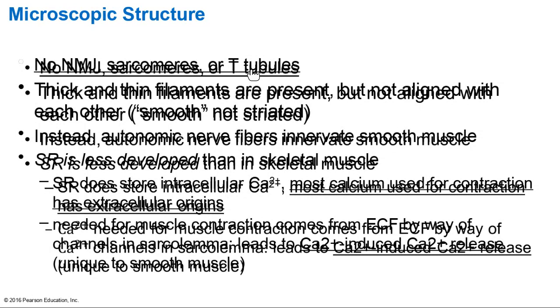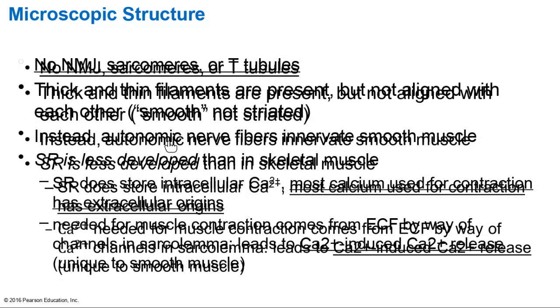Although we don't have a sarcomere, we do have thick and thin filaments, but they're not arranged into a sarcomere. Remember, it's the sarcomeres that give skeletal and cardiac muscle that striated appearance. We call smooth muscle smooth because you don't see any striations, because the thick and thin filaments are not aligned with each other like that.